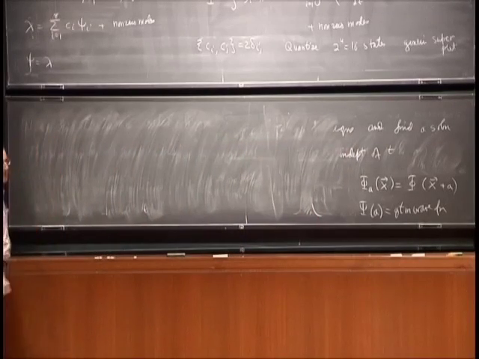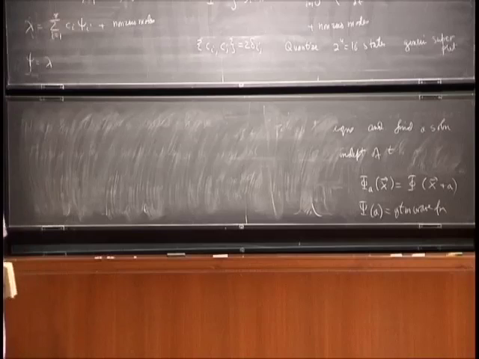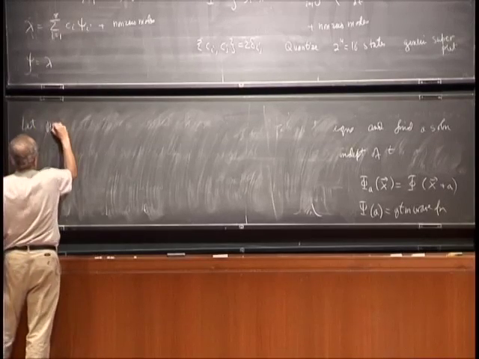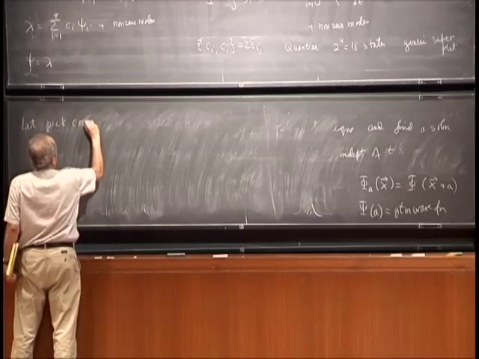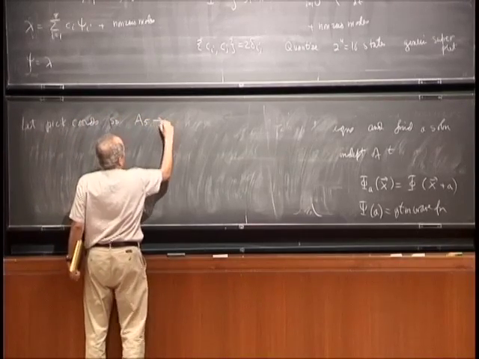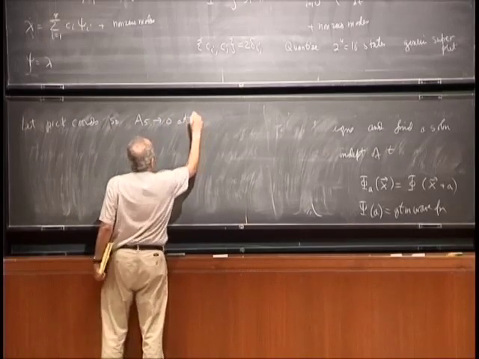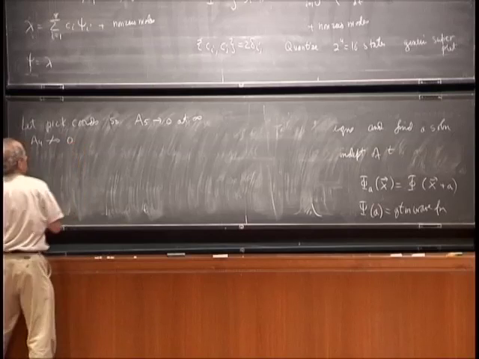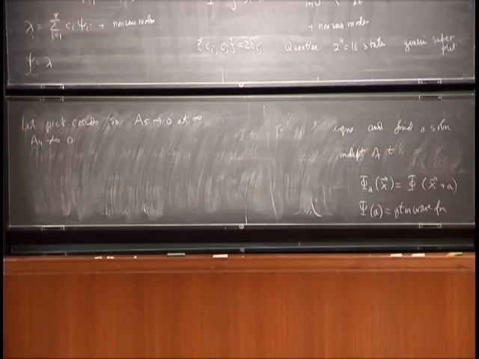Now, I'm going to instead explain what does give something interesting. Let's suppose we pick coordinates in the internal space so that A5 goes to 0 at infinity, and A4 doesn't. If the gauge group is SU2, for example, we can always do that.